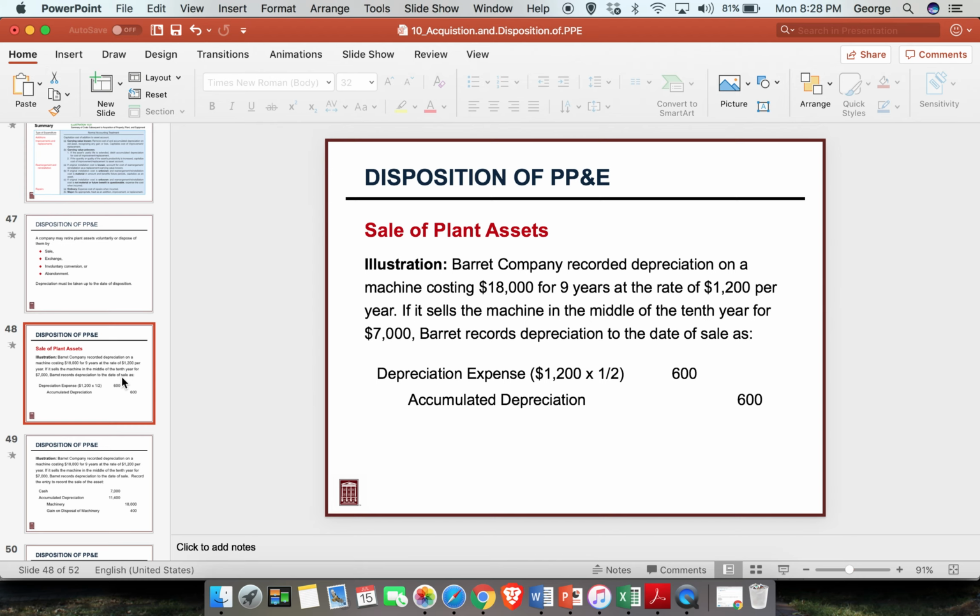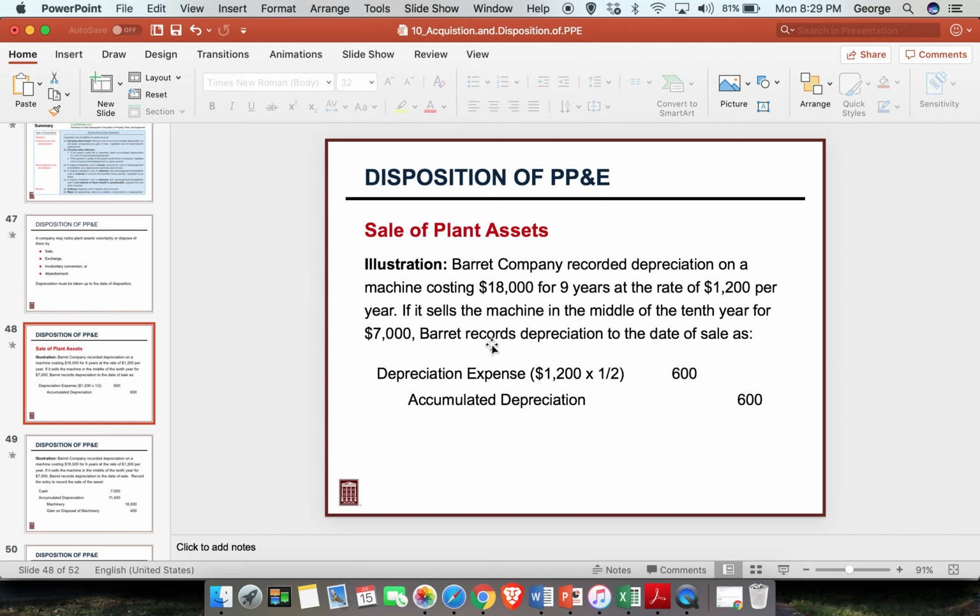If it sells the machine in the middle of the 10th year for $7,000, Barrett records depreciation to the date of sale. How much? You record depreciation on a machine costing $18,000 for 9 years at $1,200 per year, and we're going to sell it in the middle of the 10th year.